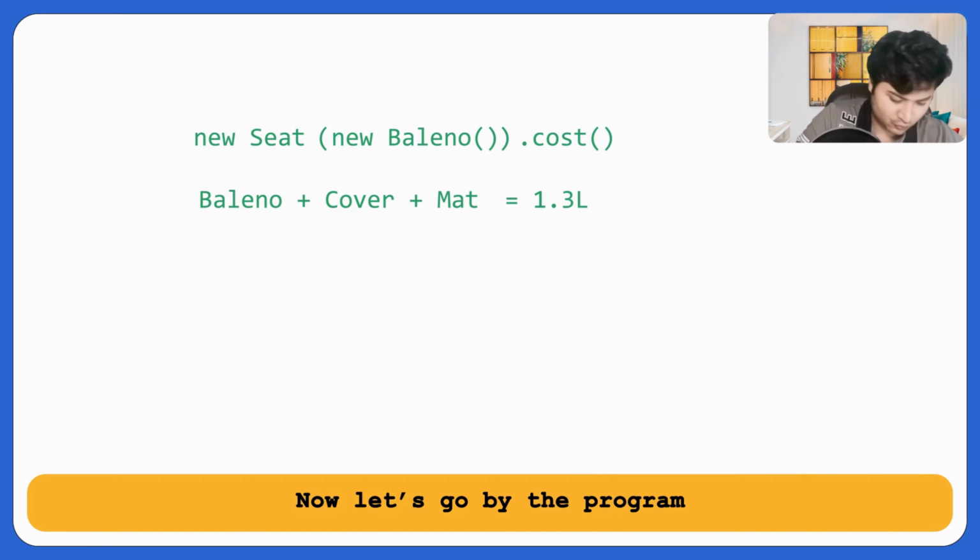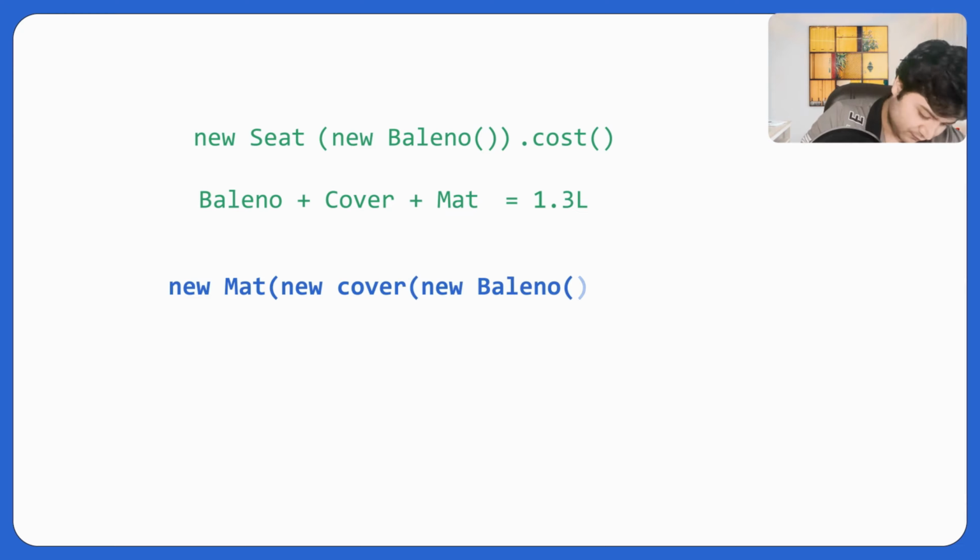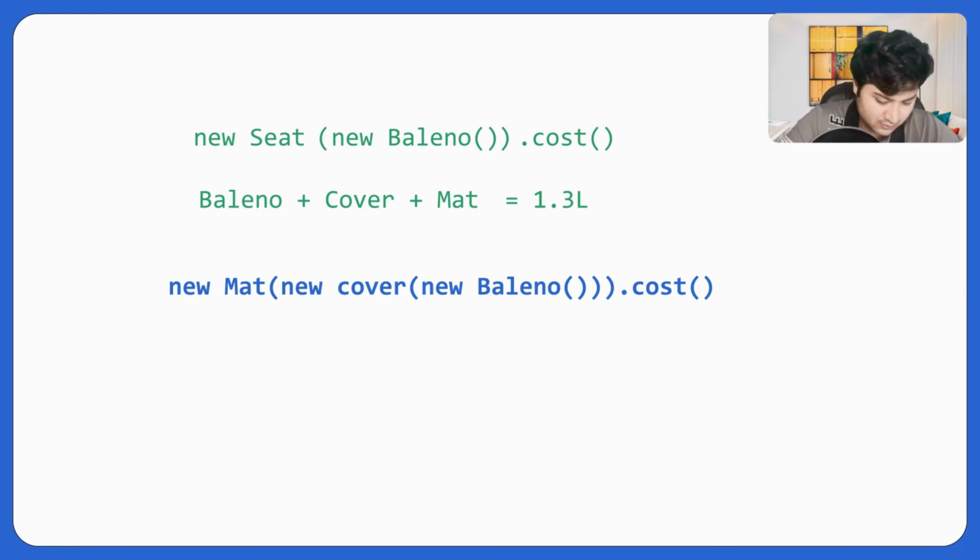Now let's go by the program. What did we do? New mat, new cover, new Baleno dot cost. This will give us the cost. Now let's see how. First, a person asked me for a Baleno, so I made an object of Baleno. Then they asked me to add seat covers to it.